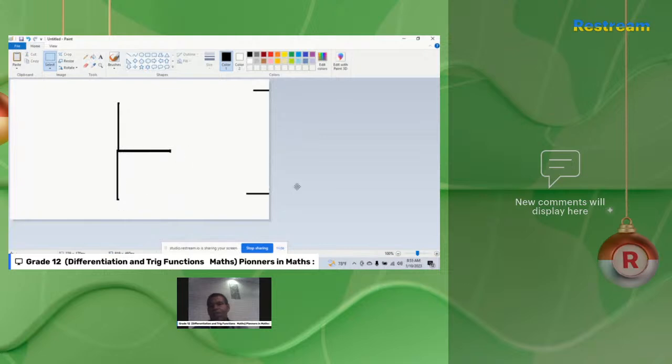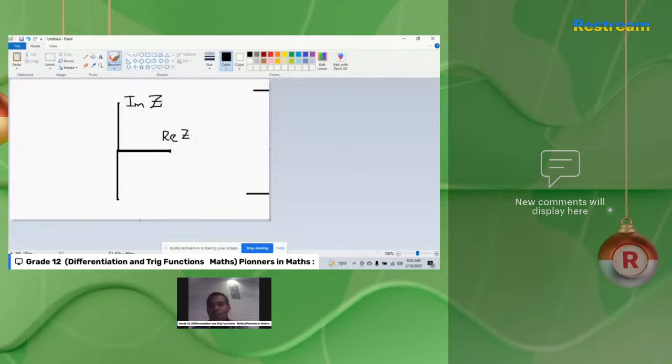So this one, learners, is the real part. I will try to write it if it's possible. This is the imaginary part of the complex number z, and this is the real part. The real part is clearly 0.